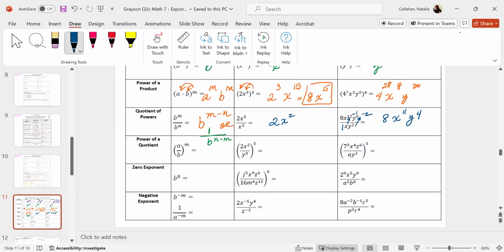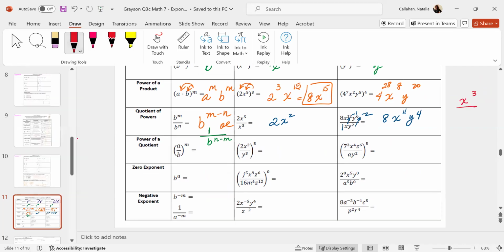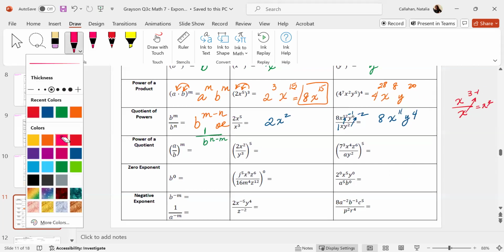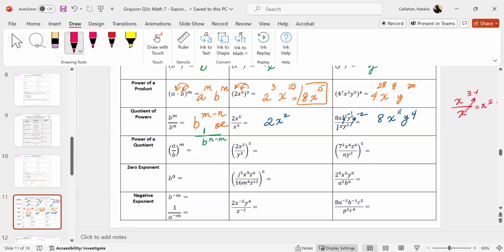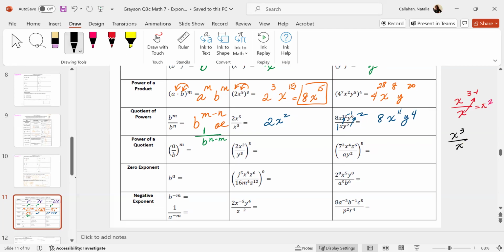Another way of remembering this, Grayson, is when you have x, for example, x to the third over x. When you move it up there, it's a -1, so it's x squared, correct? The reason why it is x squared is because we have x to the third over x.